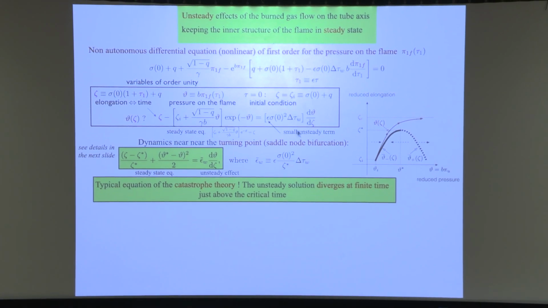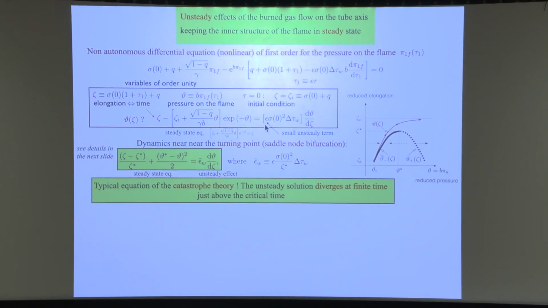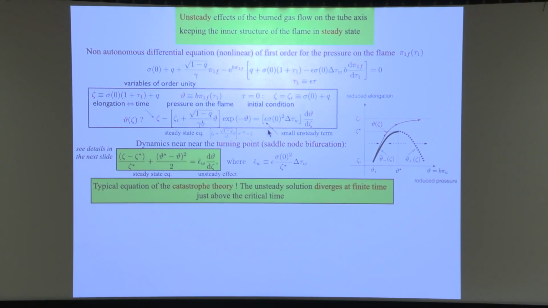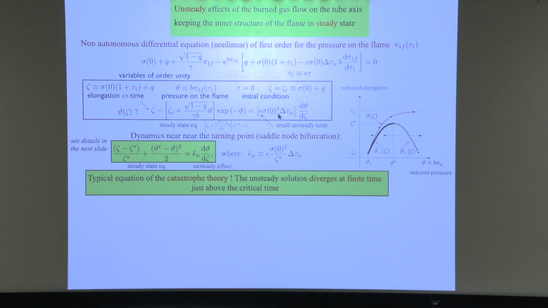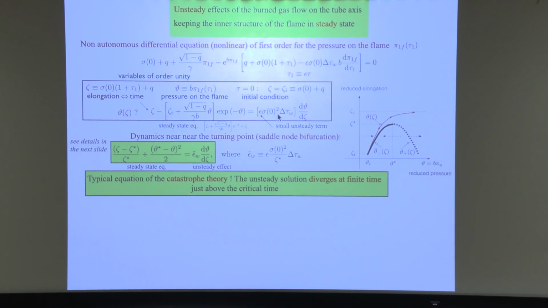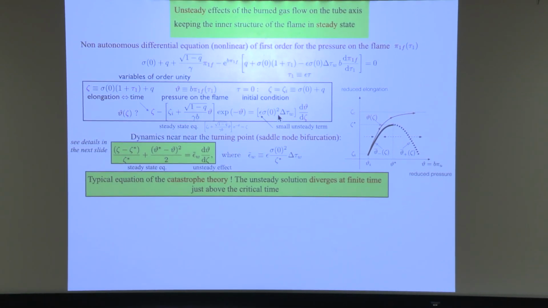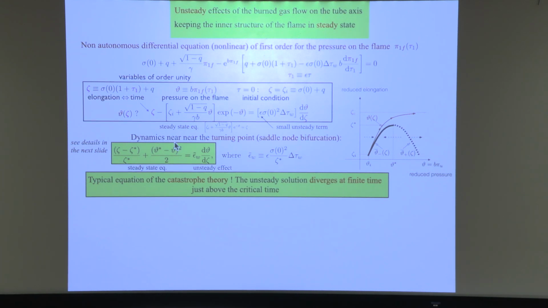The fact that it is small, it is multiplied by this epsilon, which is related to the Mach number of the flame, the laminar Mach number of the flame. I have assumed this. So now here is the equation written.